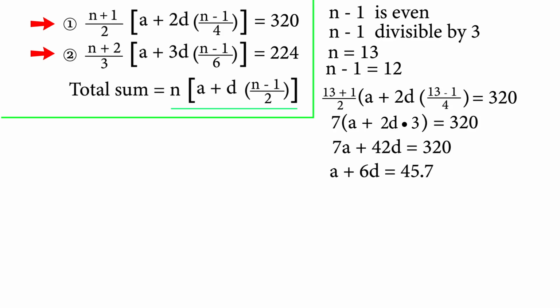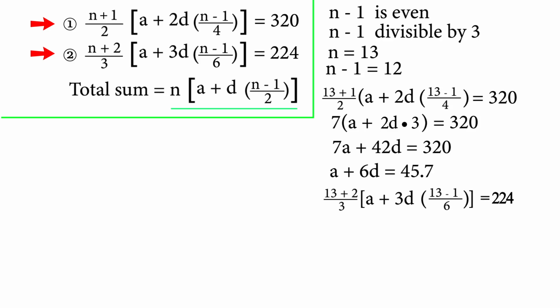All right. How about equation 2? What will I get using n equals 13? Okay, we got (13 plus 2)/3 times (a plus 3d) times (13 minus 1)/6 is equal to 224.